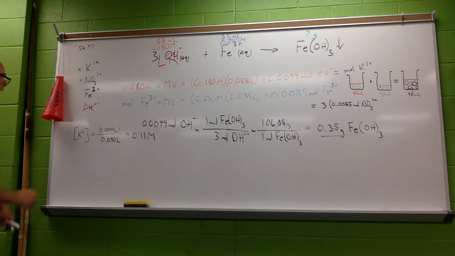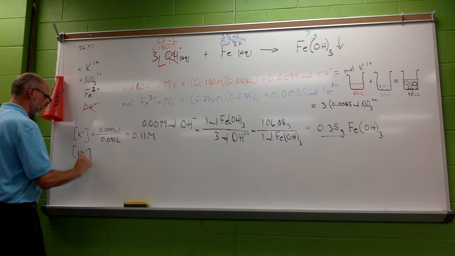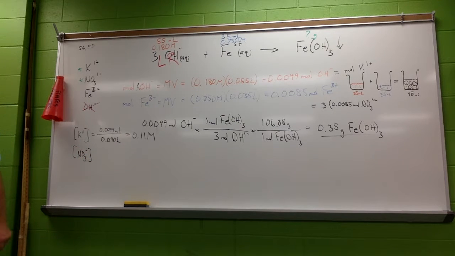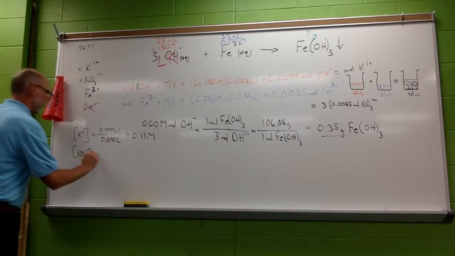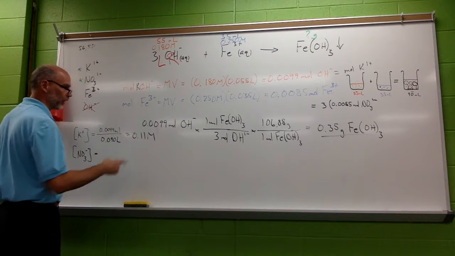Now, what about the nitrate? Does anyone remember what the brackets mean? The ion. Concentration of, and in this class we're dealing with, unless otherwise specified, molarity. How many moles of nitrate are there? Well, there's a couple of different ways you can do it.